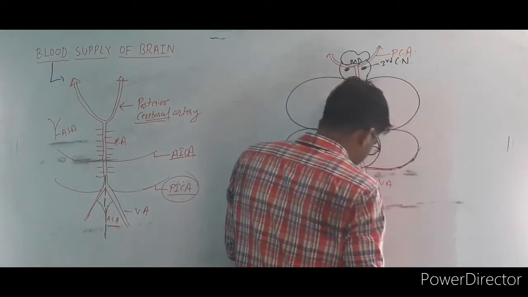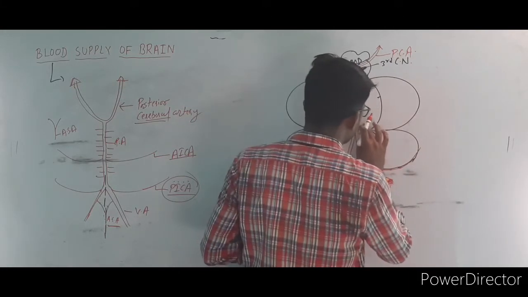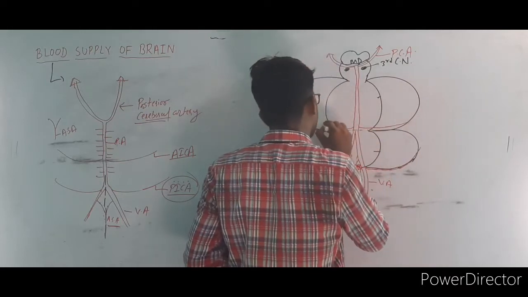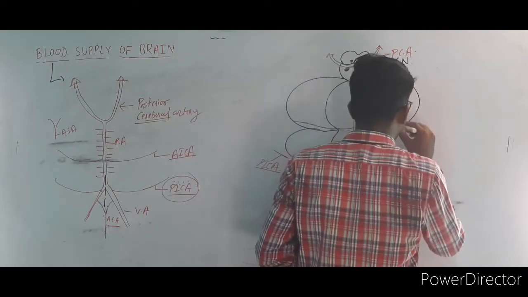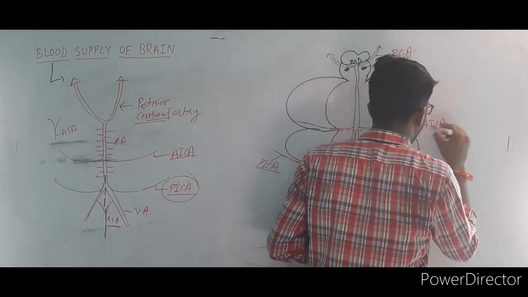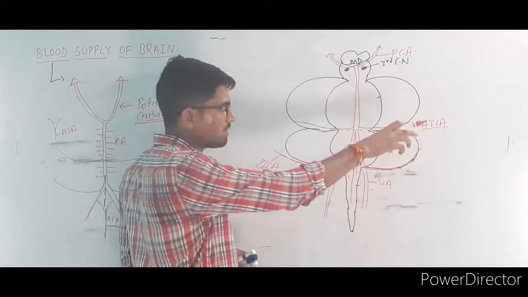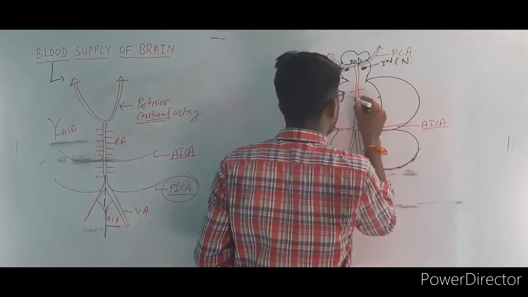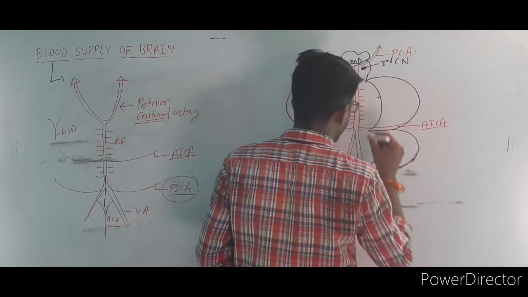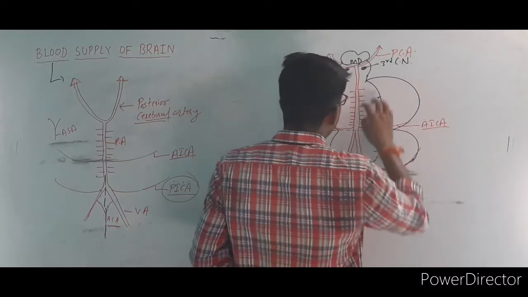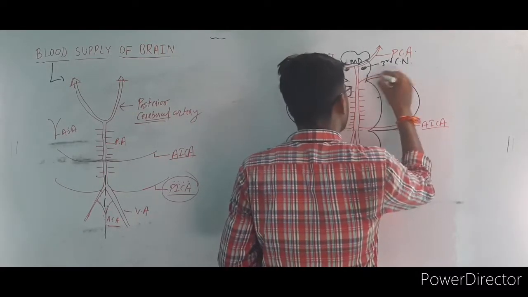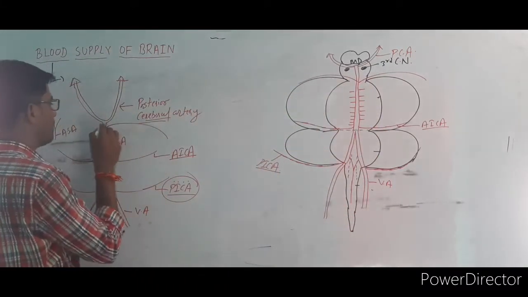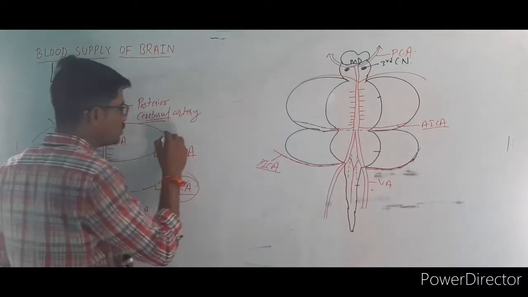After that, here a branch from here, that is the AICA, anterior inferior cerebellar artery, right? Here are the small pontine branches, the pontine branches, in the basilar artery. Here one branch will be there, and that is called superior.